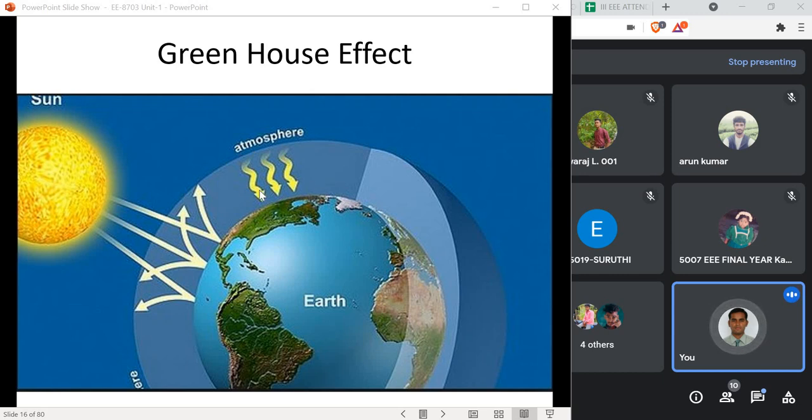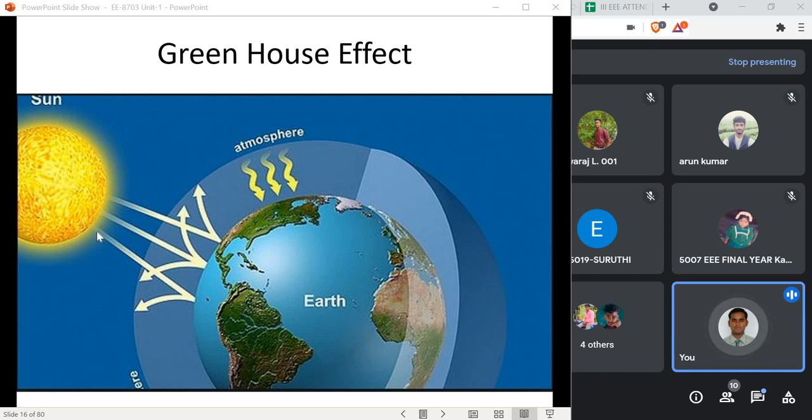In this atmosphere there are many gases, especially carbon dioxide, helium and chlorofluorocarbon. Of these gases, the most abundant is carbon dioxide. Only this carbon dioxide maintains the global warming.